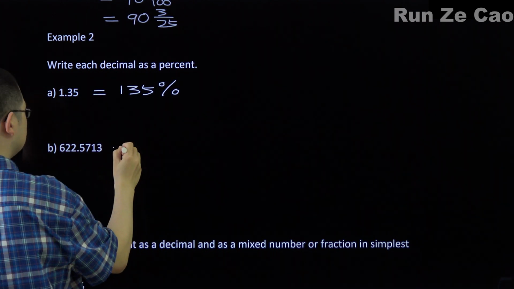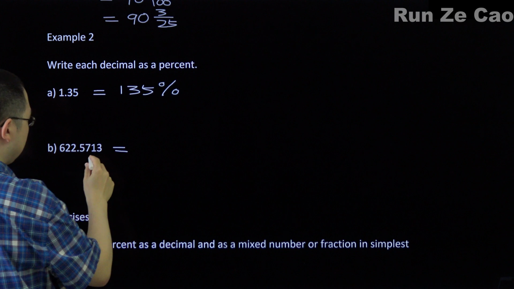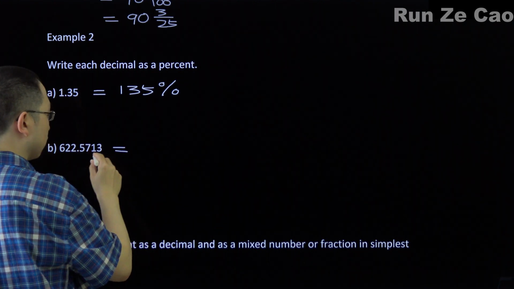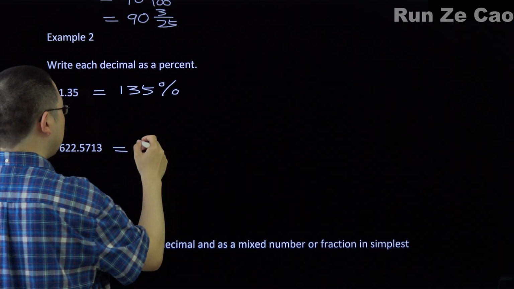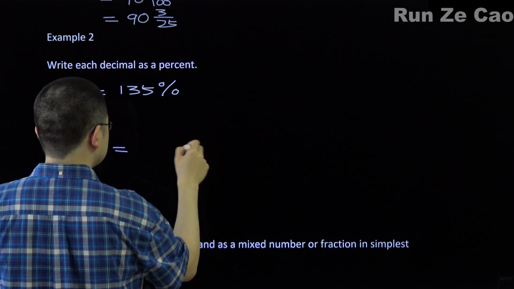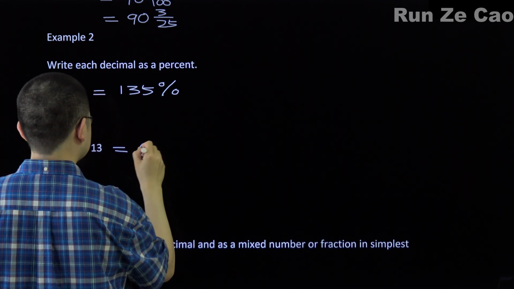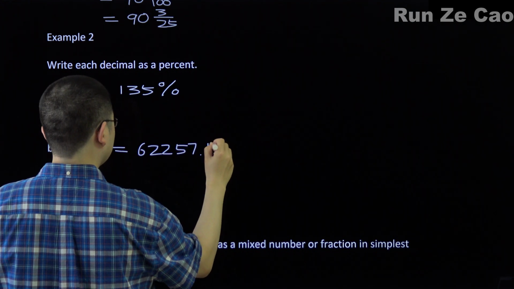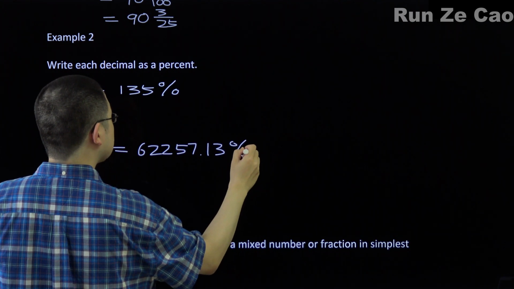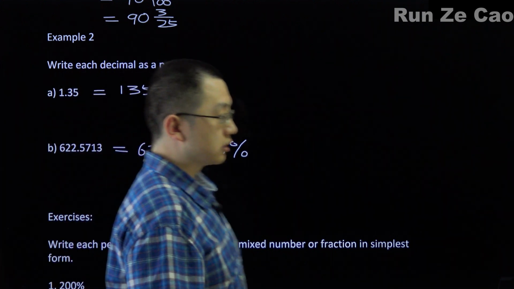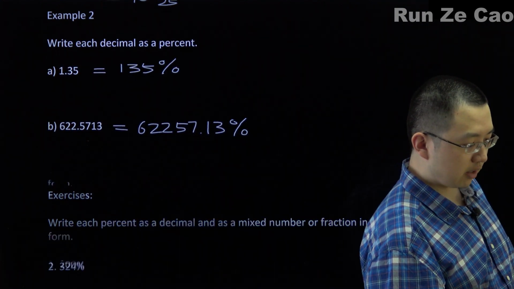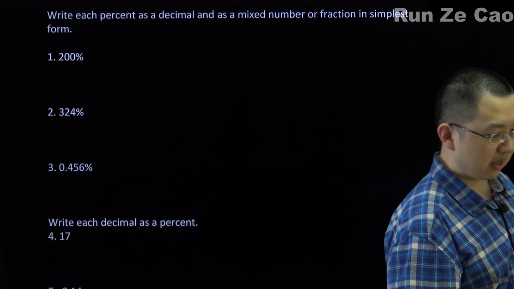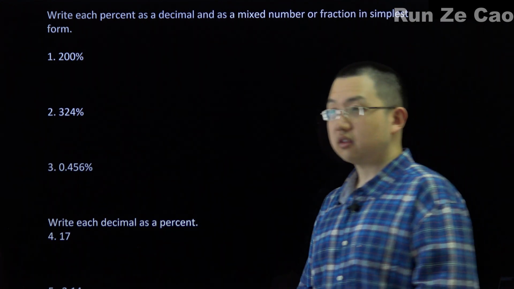And here, 622.5713, we just need to move the decimal place 2 places and then add a percent symbol at the end. 0.13%.